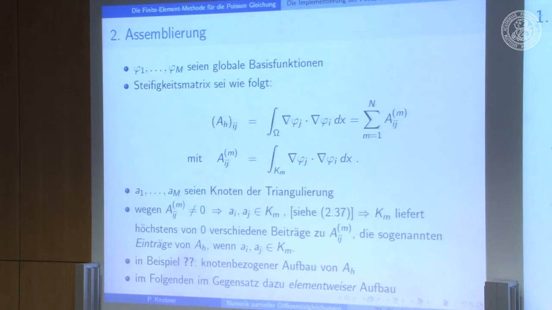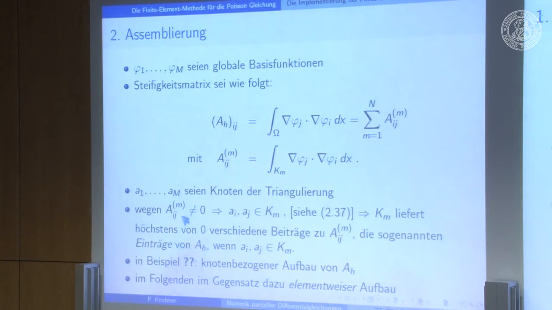But as you know already, and as we remind ourselves in a second, they have only a very few places where they have entries. So we will store these matrices, which are called the element stiffness matrix (Elementsteifigkeitsmatrix) in comparison to the stiffness matrix, in a local way. So what does that mean?